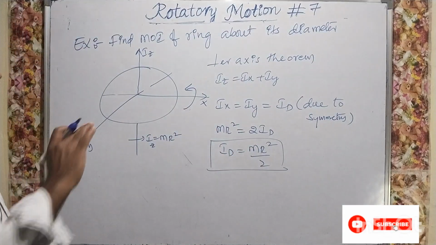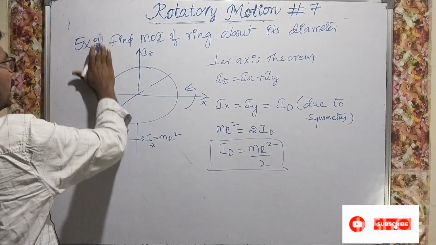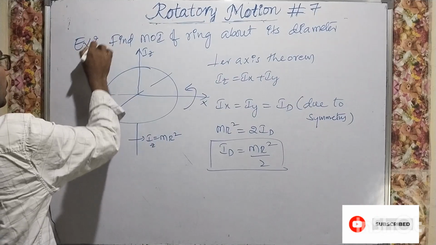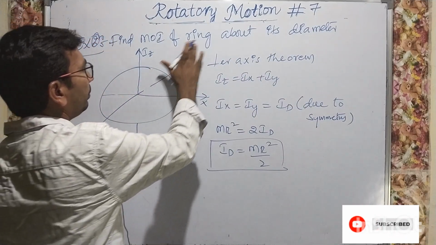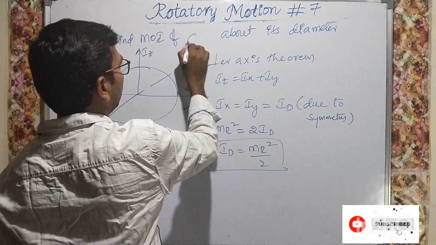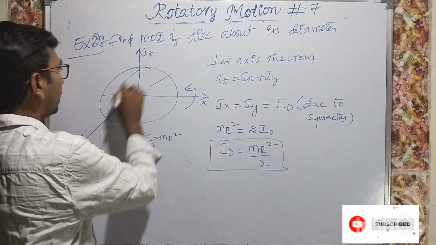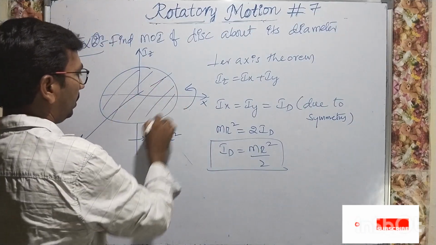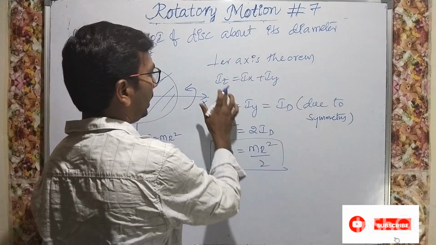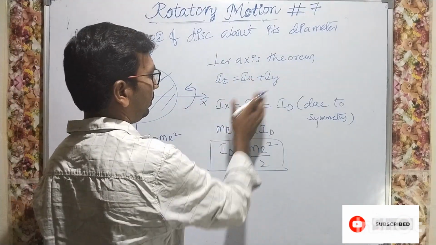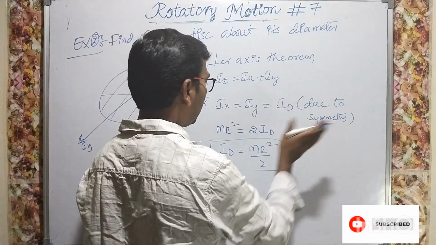So this is the first example. For the second example, find the moment of inertia of a disc about its diameter. Suppose this is the diameter, this is a disc. By using the perpendicular axis theorem, Iz is equal to Ix plus Iy, and Ix is equal to Iy is equal to Id due to symmetry.